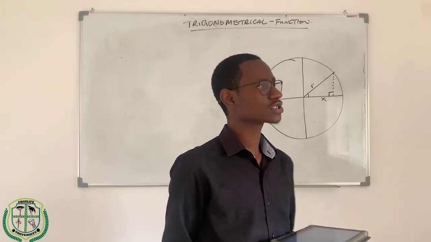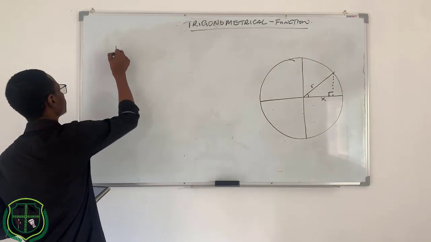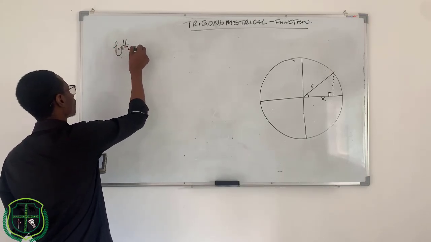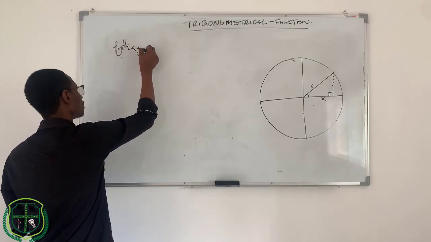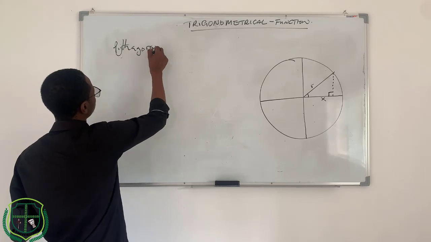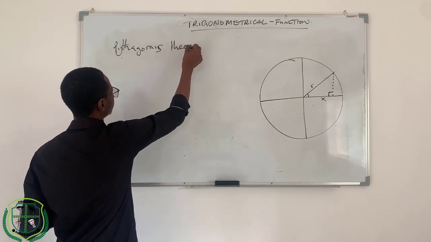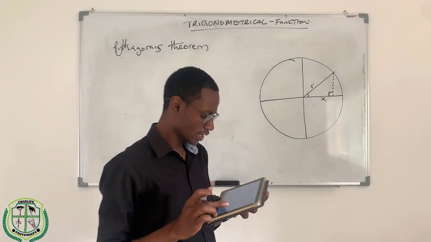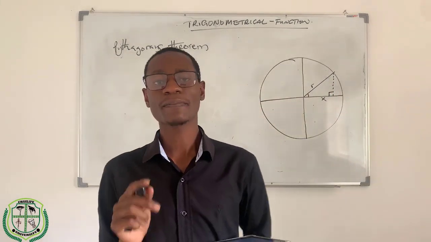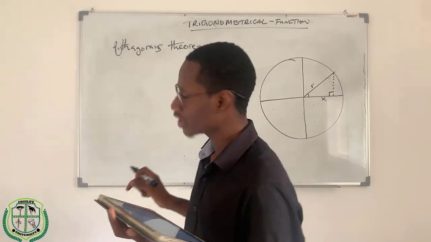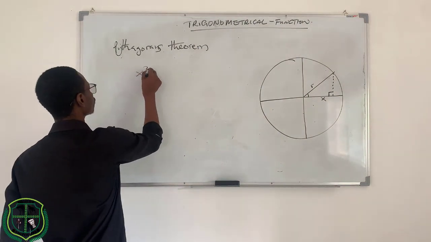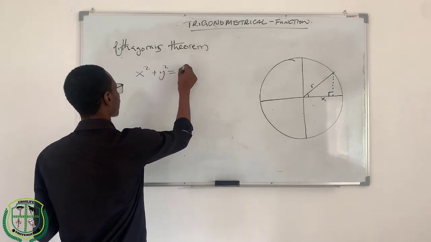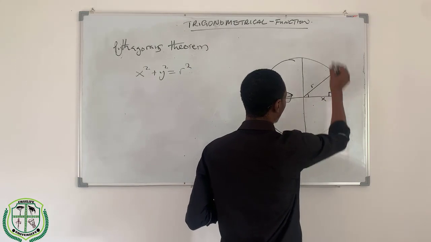Now, let's look at Pythagoras theorem. The Pythagoras theorem tells us that x squared plus y squared is equal to r squared. Here, this is our y.